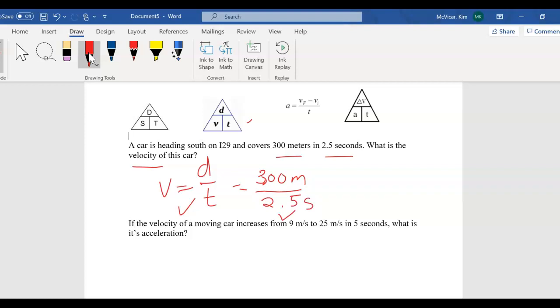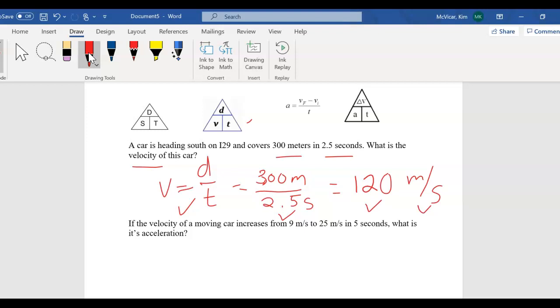That's my next point. Then I'm going to solve. Punch that into the calculator. 120 meters per second. I'm going to get a point for the value and a point for the units. So 4 full points on those problems.